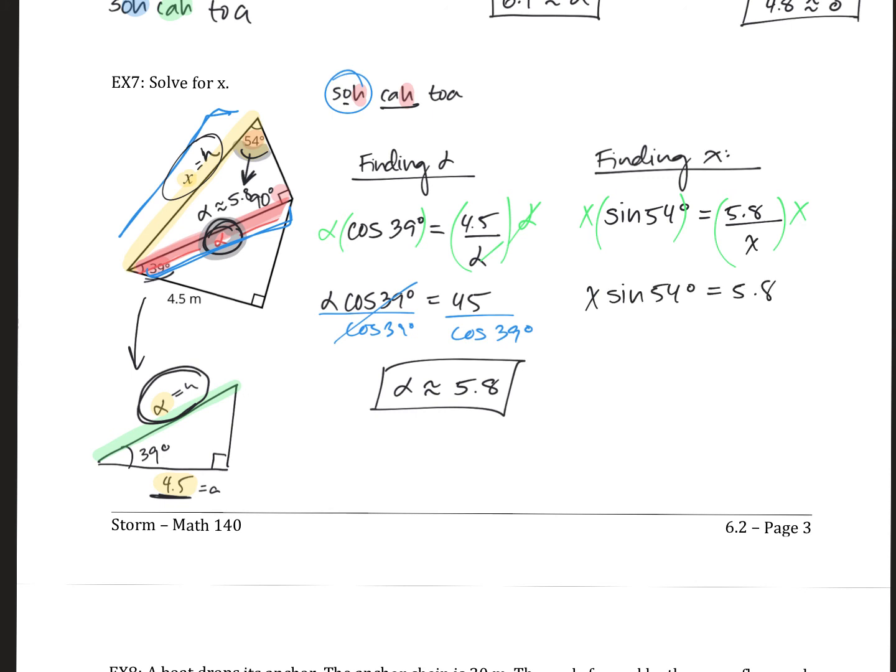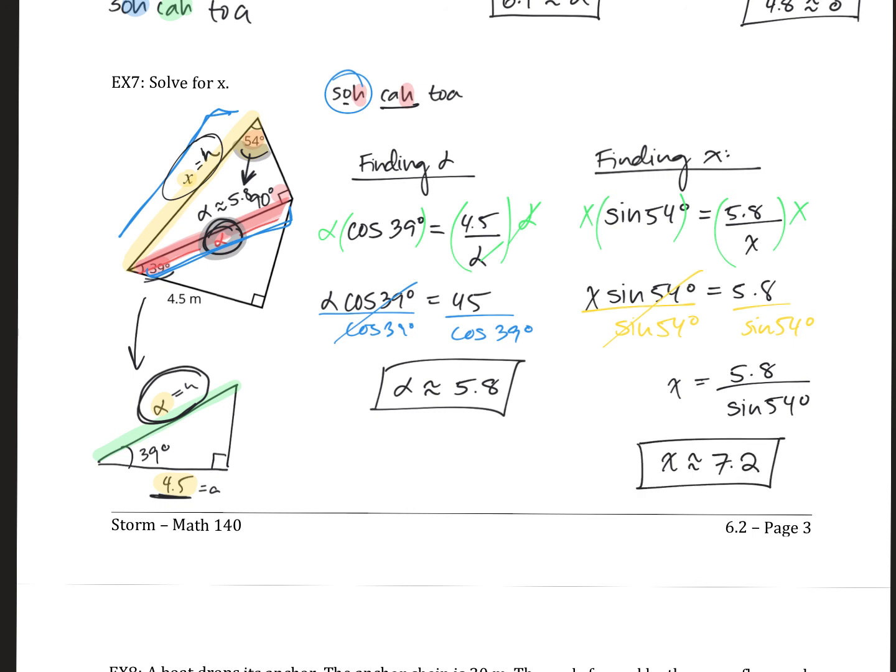And solving for x, we're so close. We'll get x is equal to 5.8 divided by sine of 54 degrees. Plugging that into our calculator, we get x is approximately 7.2. And there we have our final answer, x equals 7.2.